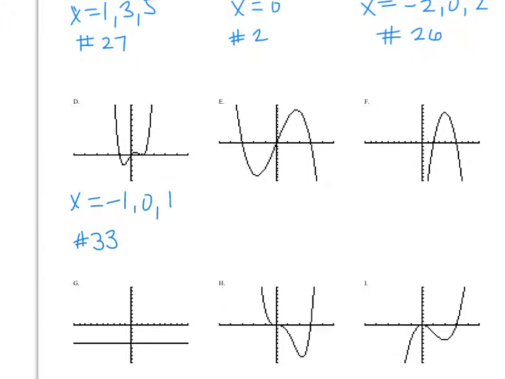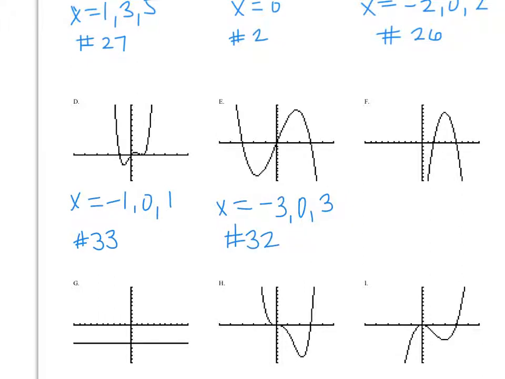Okay, E, we have x-intercepts at -3, 0, and 3. All right, we're also going up on the left and down on the right. So we want to look at what corresponds to that, and that's going to be graph or function number 32.